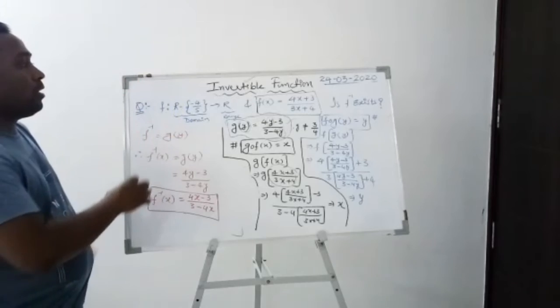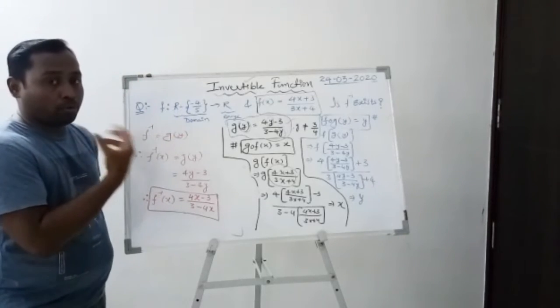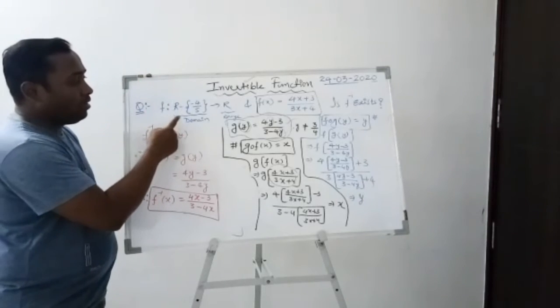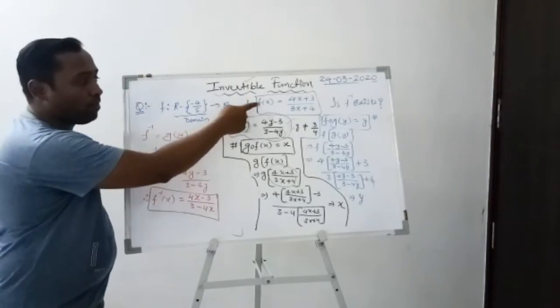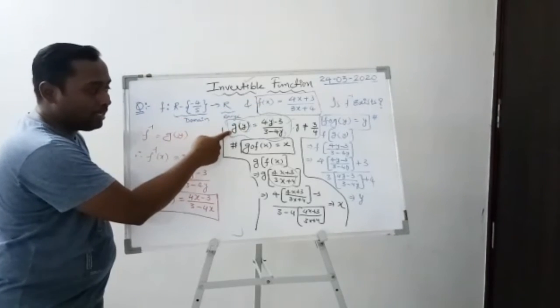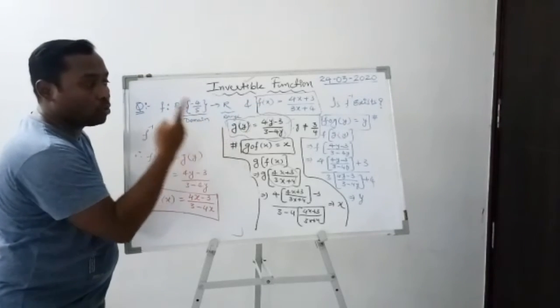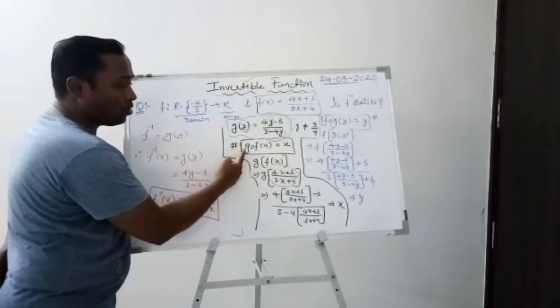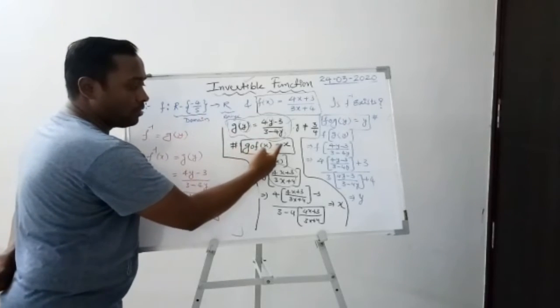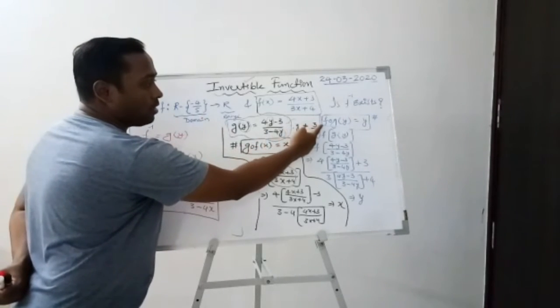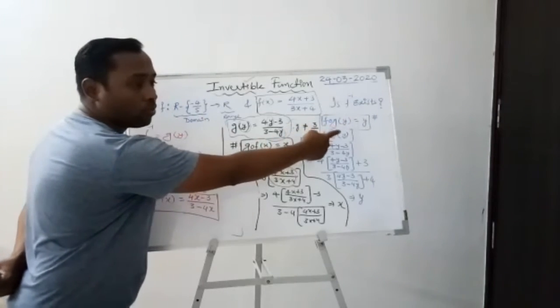The second way is the composition language, by defining the g of y function from the given function f of x, and then we'll perform two operations. One is g circle f of x is equal to x, and the second one is f circle g of y is equal to y.